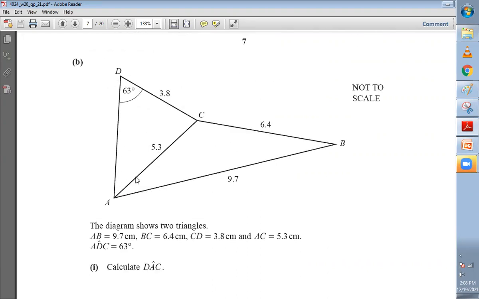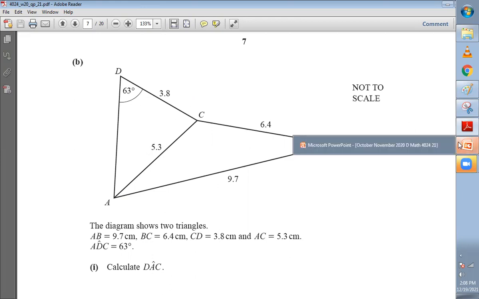If you look at this angle carefully, if I want to find out this angle, look at this triangle. I know the angle, I want to know this angle, the side opposite to this is 3.8. And in this triangle, I know this angle and the side opposite to it is 5.3. So I can use the law of sine here, and that will be the sine of this angle divided by 3.8 equals sine of 63 divided by 5.3.